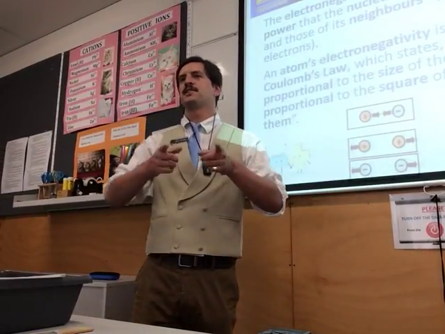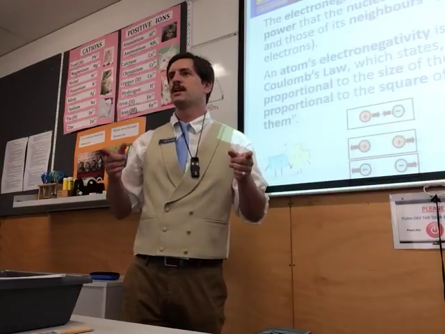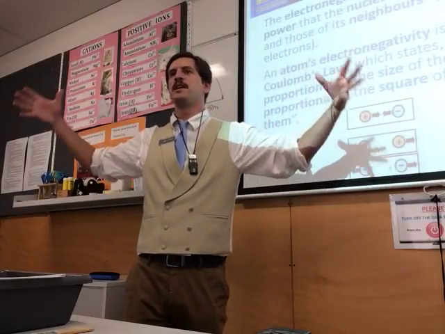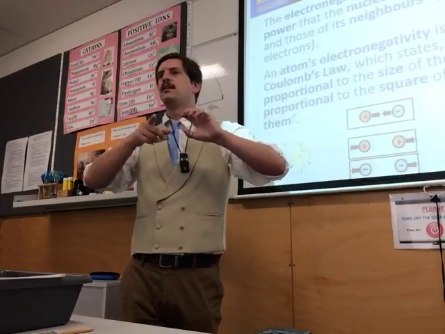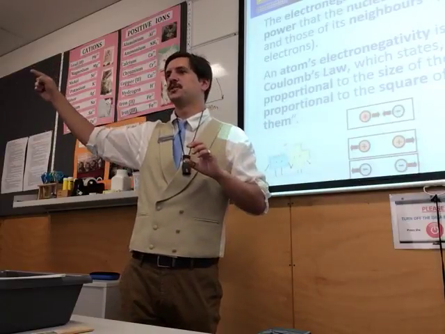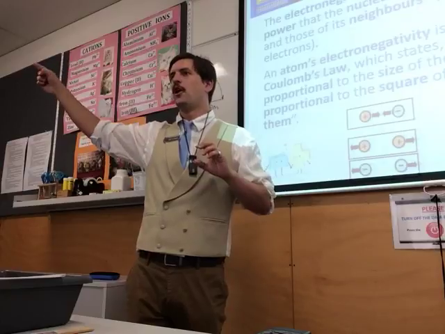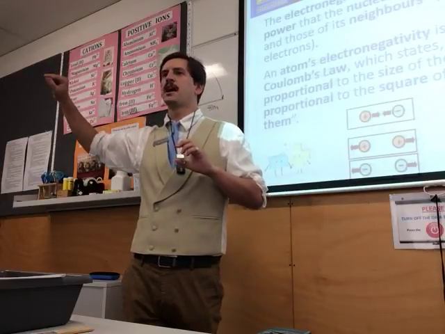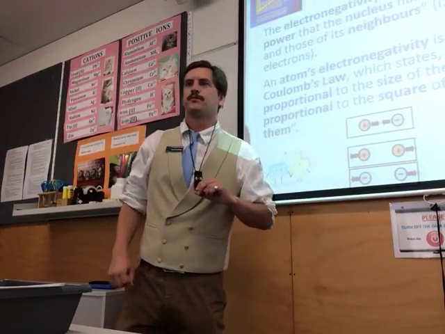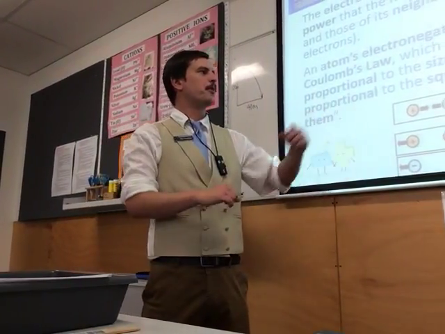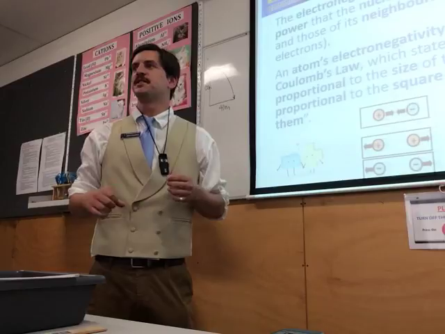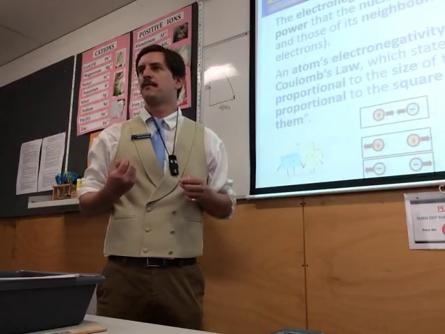Well, basically, every time you extend the radius of that orbital, or the distance between the electron and the nucleus, that force diminishes twofold every single time. So if it's inversely proportional, the greater the distance, the far less force you're going to have.